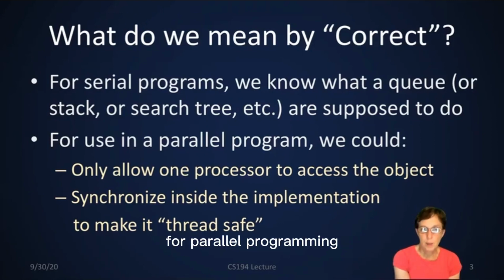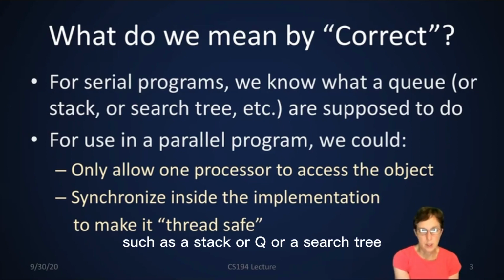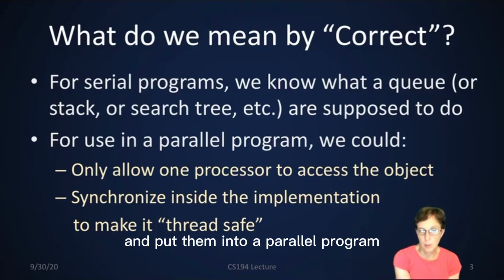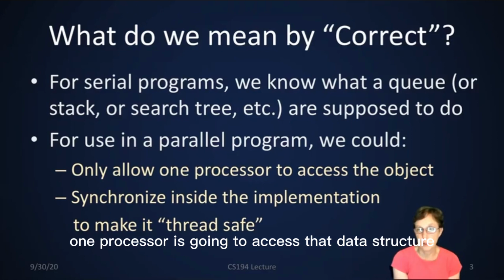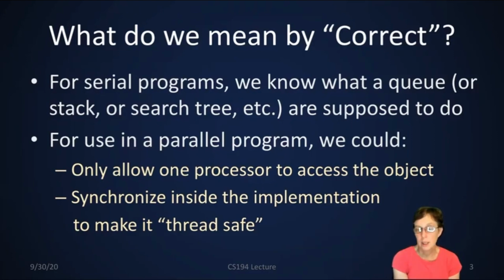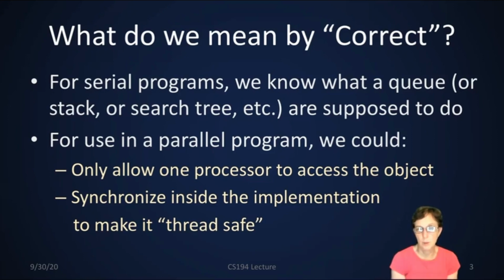For parallel programming, if we wanted to take these data structures, such as a stack or a queue or a search tree, and put them into a parallel program, we could just decide up front that only one processor is going to access that data structure. And if that's the case, then these data structures you built in, say, 61B will work just fine.